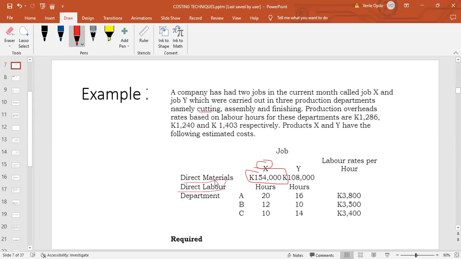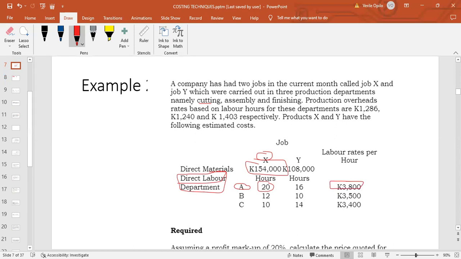Then we have now the second element, which is the direct labor. In this case, you're given the direct labor per department. We're told that in department A, the company is spending 20 direct labor hours to produce product X. And for every hour that is spent in department A, the company is going to incur a total of 3,800 per hour.